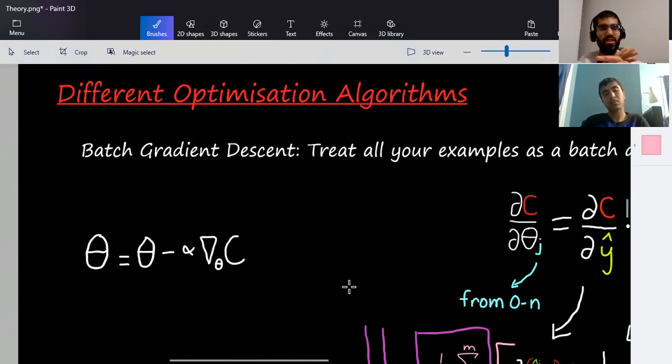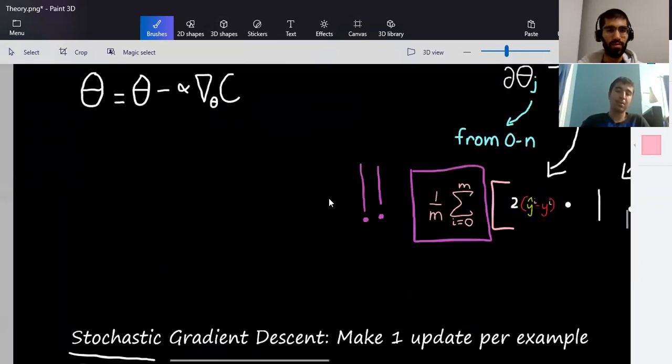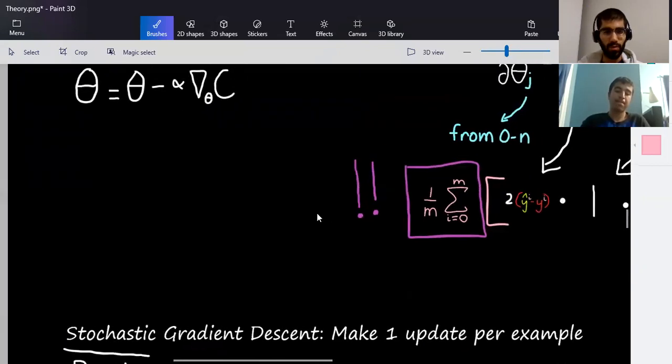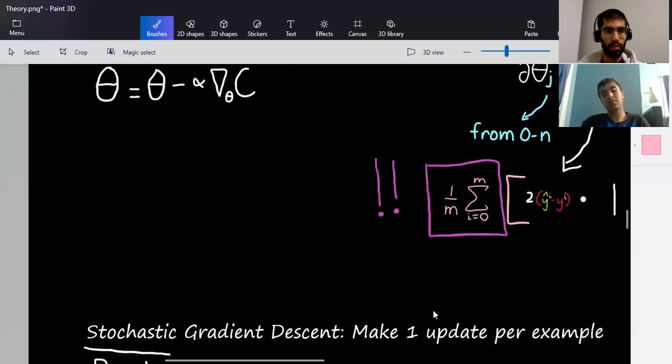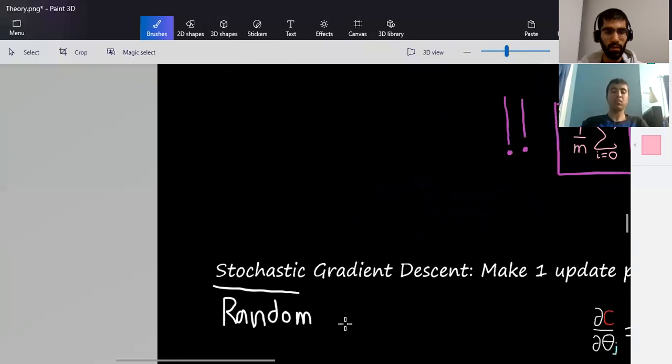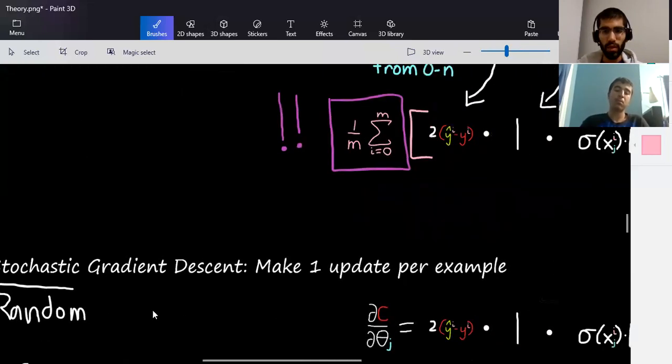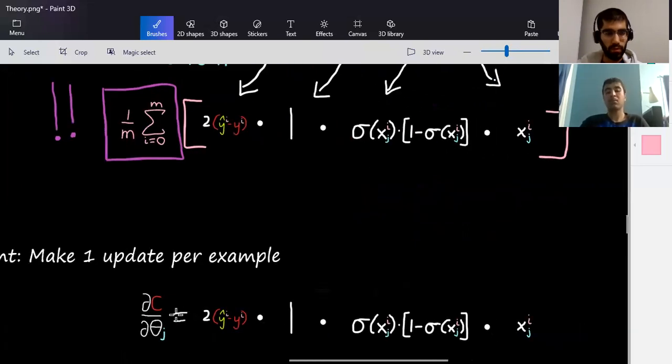Let me give you the starkest alternative. Starkest just means the most extreme, at the opposite end of the spectrum. We call it stochastic gradient descent, SGD, where we make one update per example. Stochastic just means random. I'll explain why we call it random gradient descent in a second. But here's the equation.